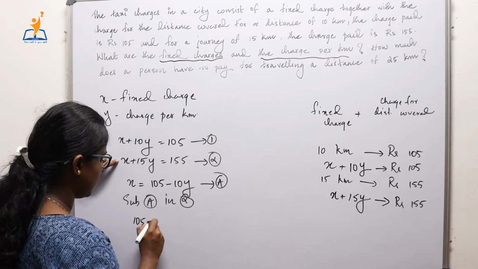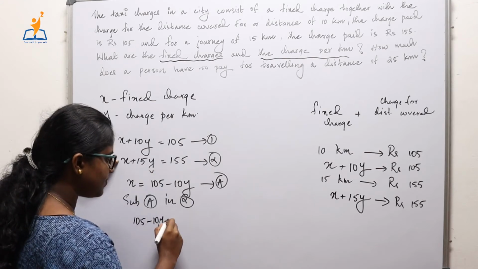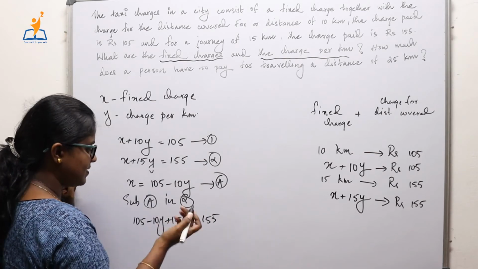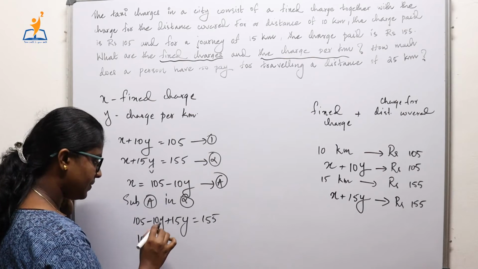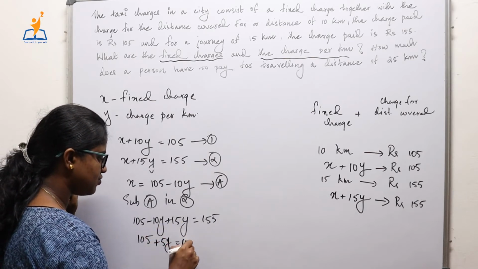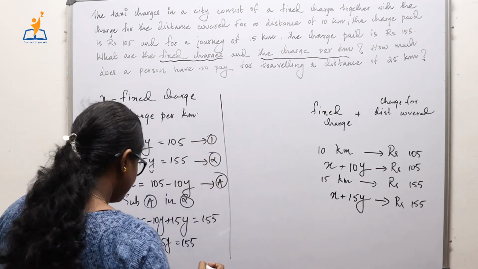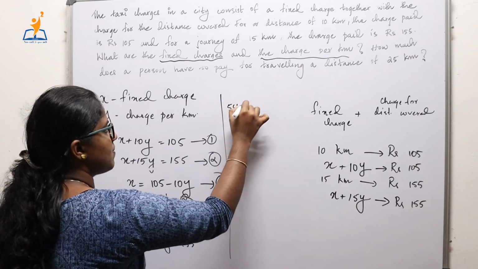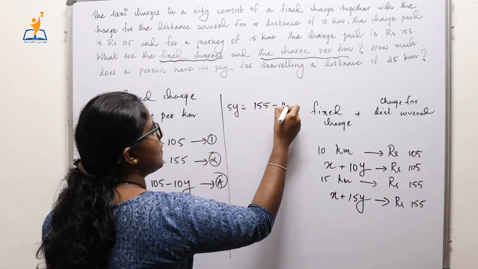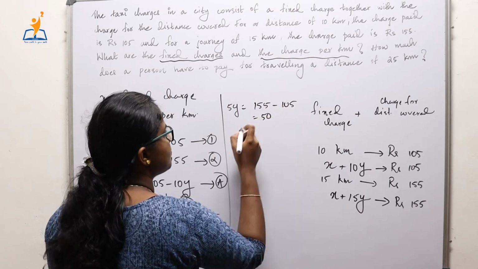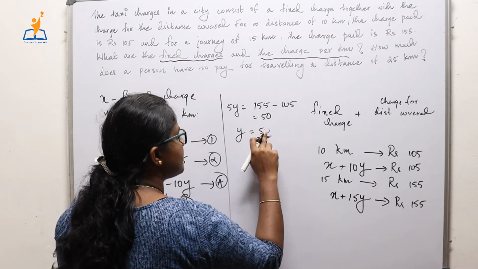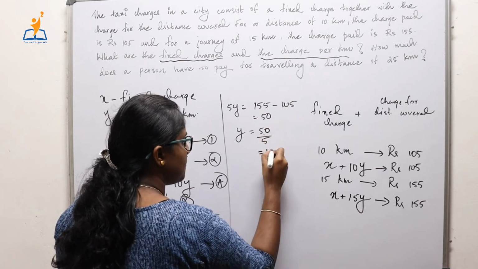So 105 minus 10y plus 15y will be 155. Simplifying, we get 105 plus 5y, which is equal to 155. Now 5y equals 155 minus 105, which is 50. Therefore y is 50 by 5, which is 10.